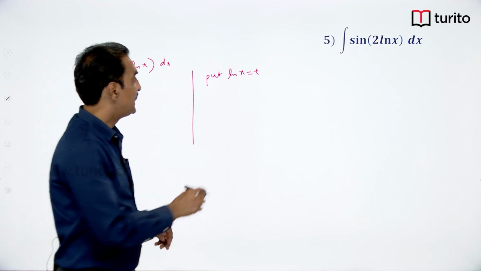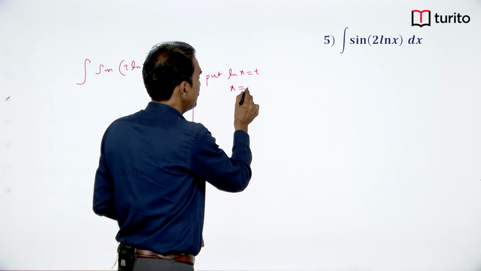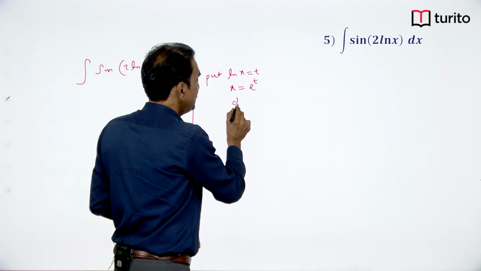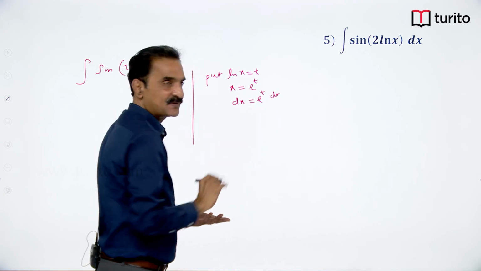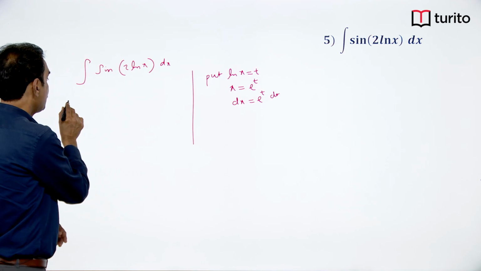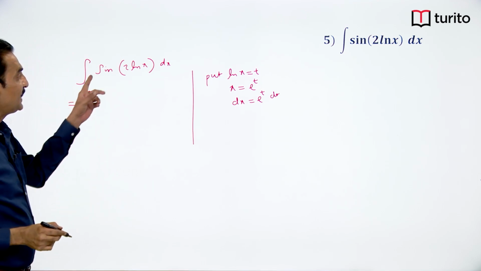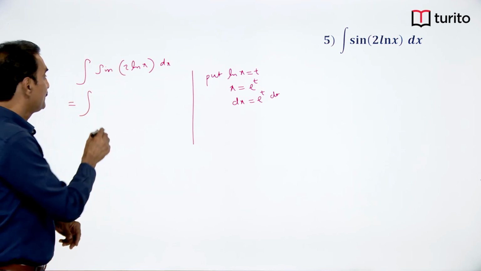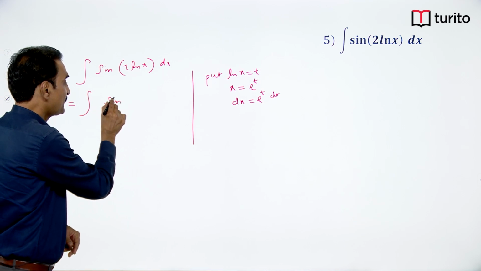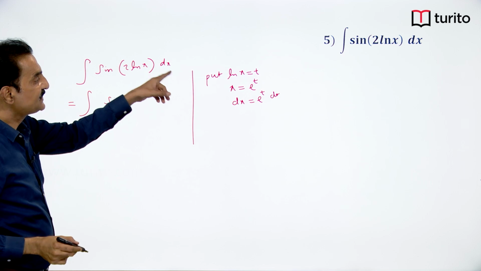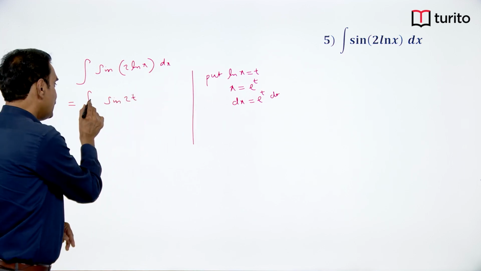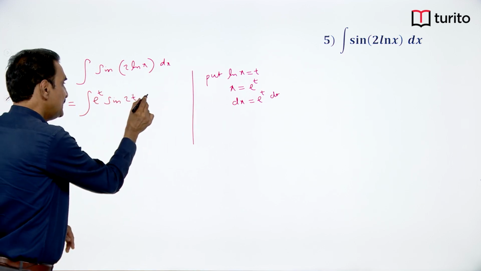So, write it as x is equal to e power t, then dx is equal to e power t dt, routine steps. Now, this will be integral sine 2t into dx is e power t dt. So, I will write e power t here and dt here.